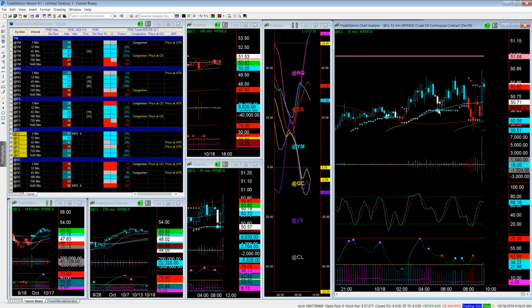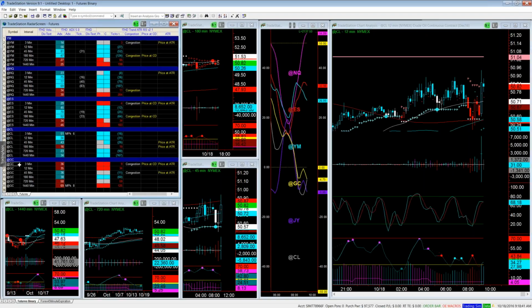You have a long entry here. You had a long entry here. This one lost money. If you exited on this bar, this one definitely made money. I would have taken the congestion dot to the upside if I had seen it. Of course, the radar screen, kind of hard to miss that one.